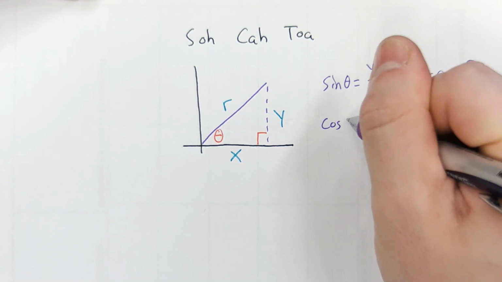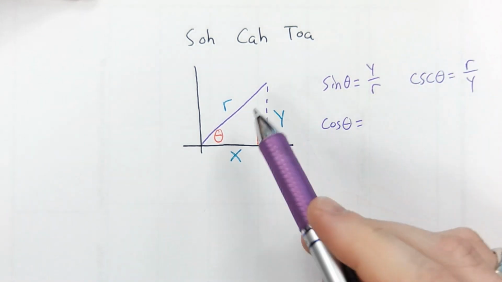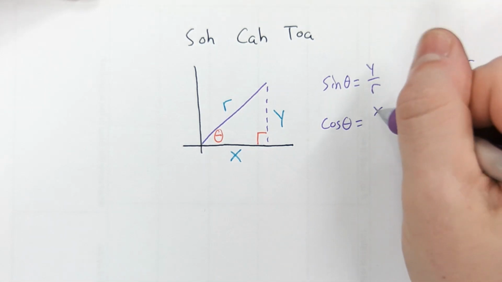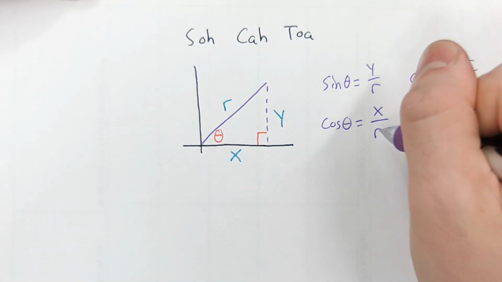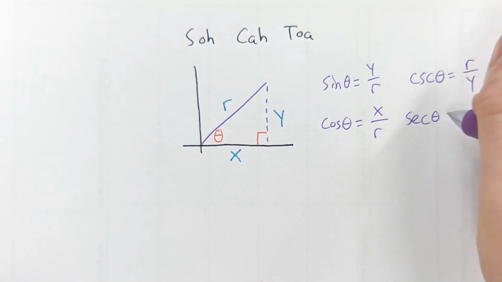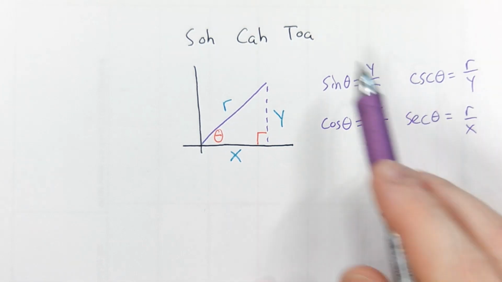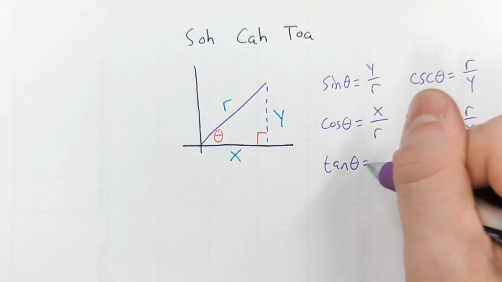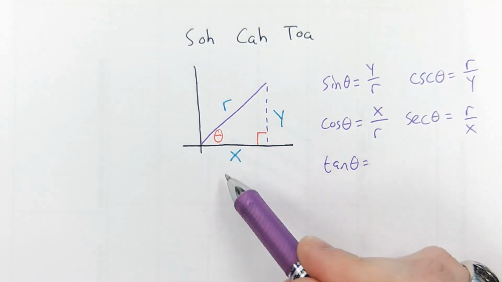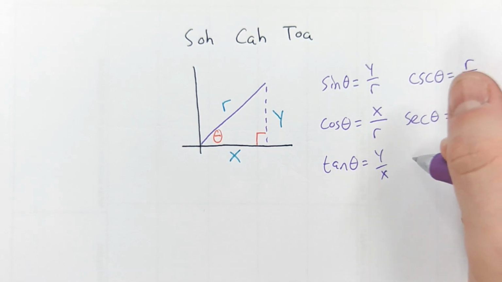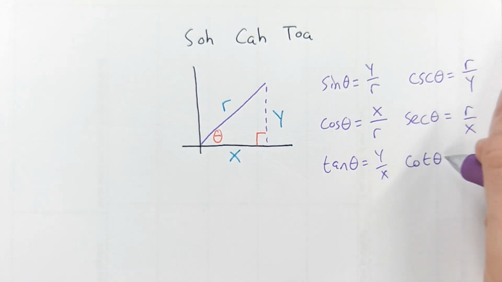Cosine of theta is x over r, not adjacent over hypotenuse, x over r. Its reciprocal then, secant of theta, is r over x. And then tangent of theta is not opposite over adjacent, it's y over x, making its reciprocal cotangent x over y.